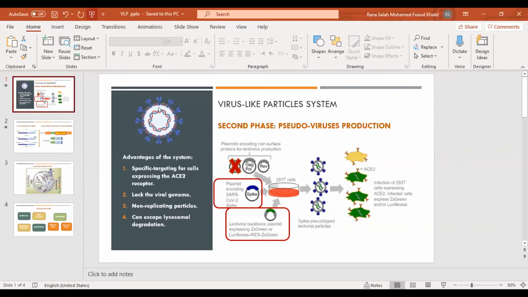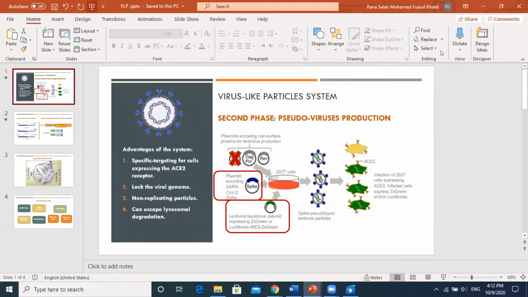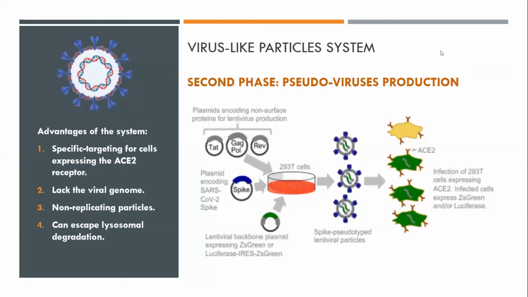Okay, now I'm going to tell you more about the virus-like particle systems. We are using it as a delivery system for our project, and we mainly used it for the following advantages. First, we wanted specific targeting for the cells expressing the ACE2 receptor, in order to inject our toehold switches and sRNAs only into the cells that can be affected by SARS-CoV-2, not all of the cells.